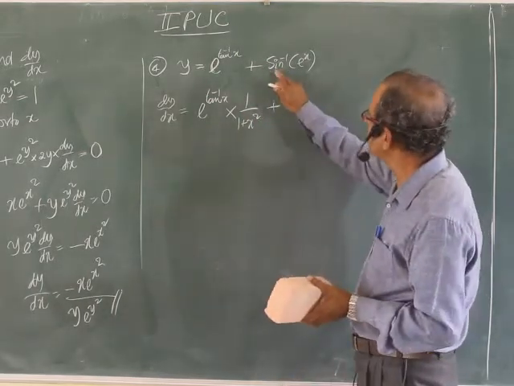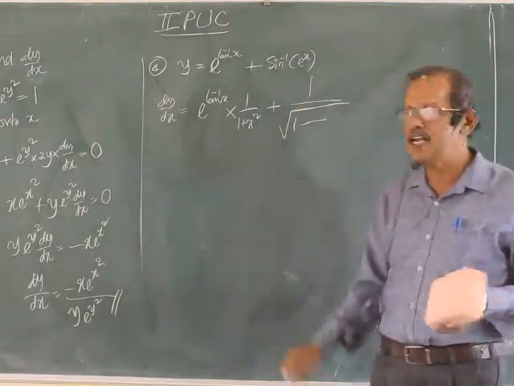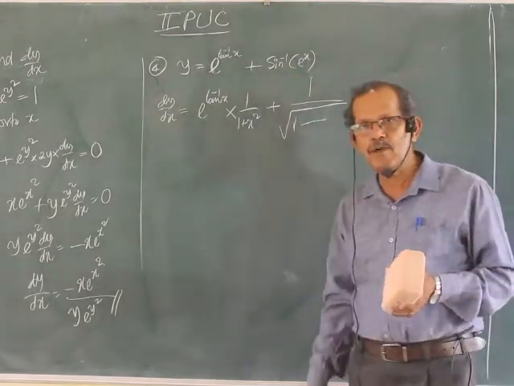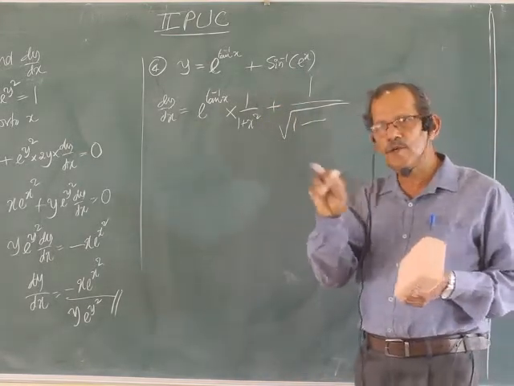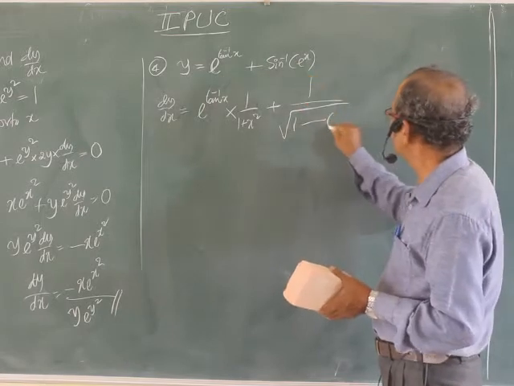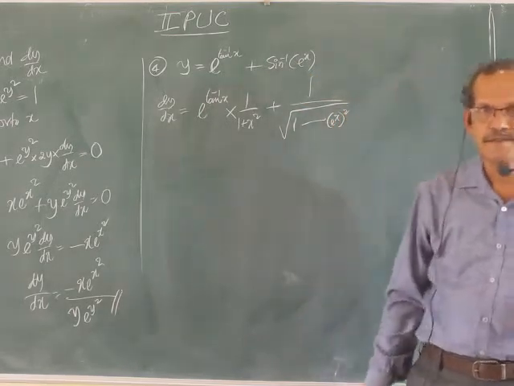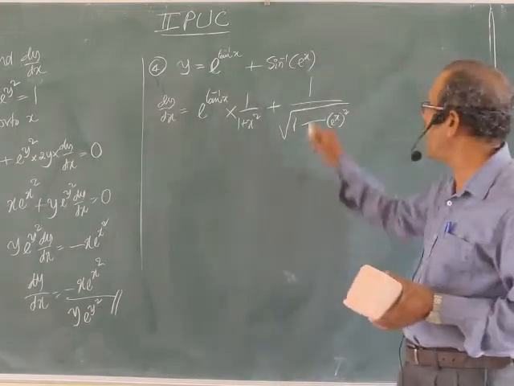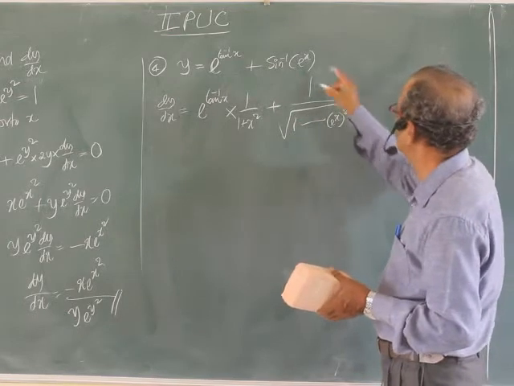Here outermost function sin inverse, its derivative is always like this. Sin inverse x, 1 by root 1 minus x square. Sin inverse t, 1 by root 1 minus t square. Whatever function here, write its square. Derivative of the outermost function over, only that one, into, not over.